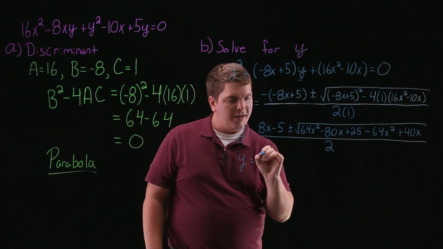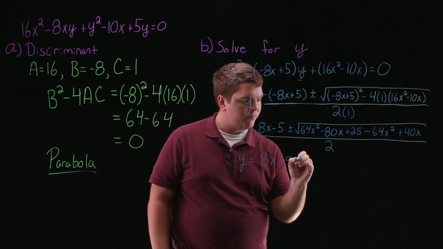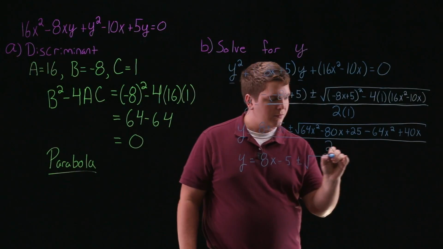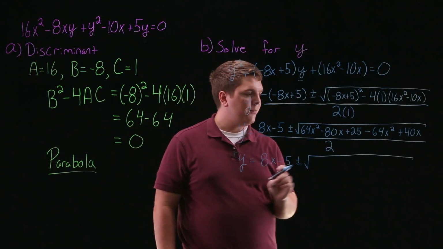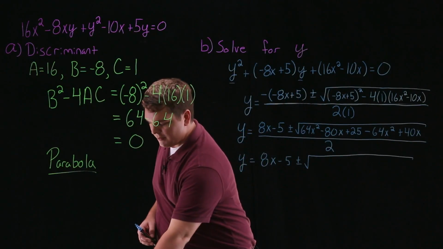So this is equal to 8x minus 5 plus or minus. Under the radical, we have 64x squared minus a 64x squared, so those are going to cancel.